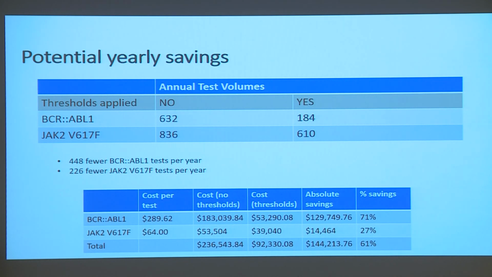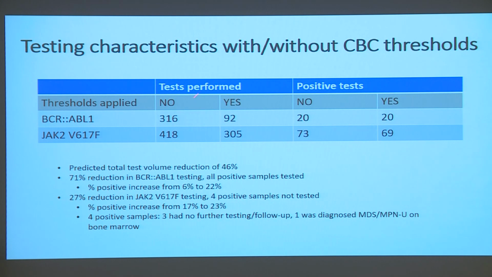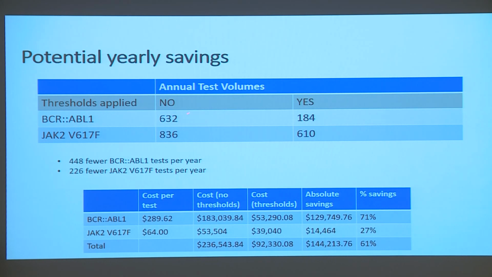So we extrapolated these numbers. So basically doubling our test volume from before. So if our volumes were 316 and 418 in a 6-month period, we double that. This is what we would predict that same cohort would represent in a year. And then this is how much we could reduce it to if we used our thresholds. That would be 448 fewer tests for BCR-ABL, 226 fewer tests for JAK2.